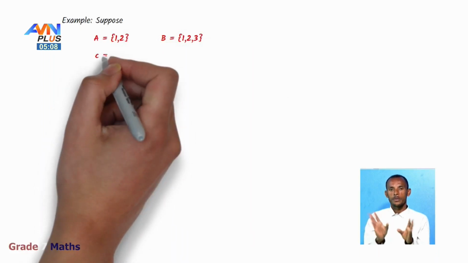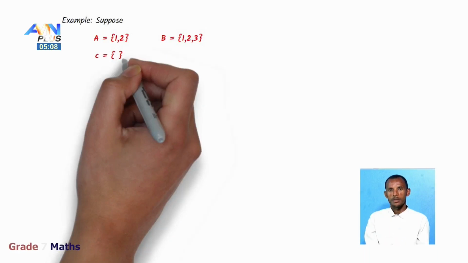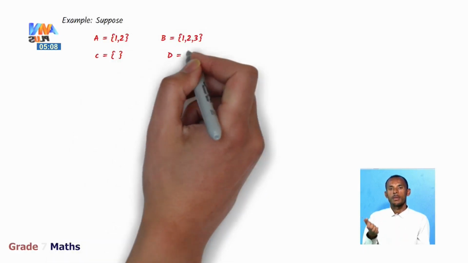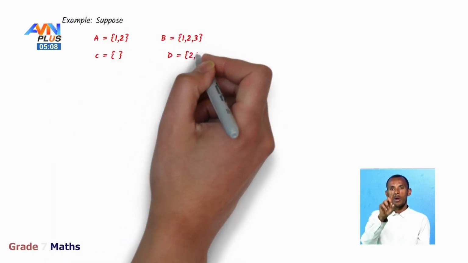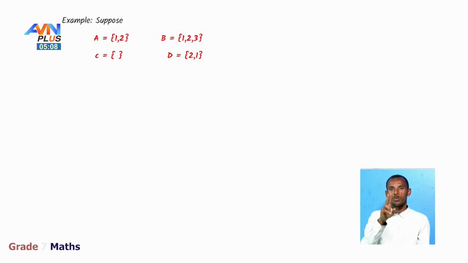Set B contains the elements 1, 2, and 3. Set C contains no element, it's empty. And set D contains the elements 2, 1.